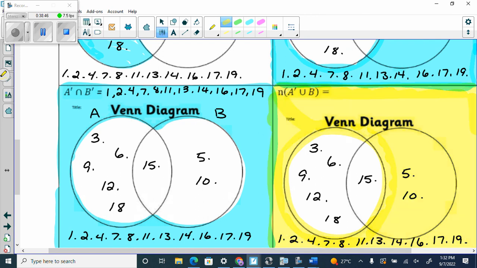And then I can shade B, all in the same color because it's or. Right? And then this one I don't list the sets because it says N. So it's going to be 1, this is 11, 12, 13, 14. And that's it.